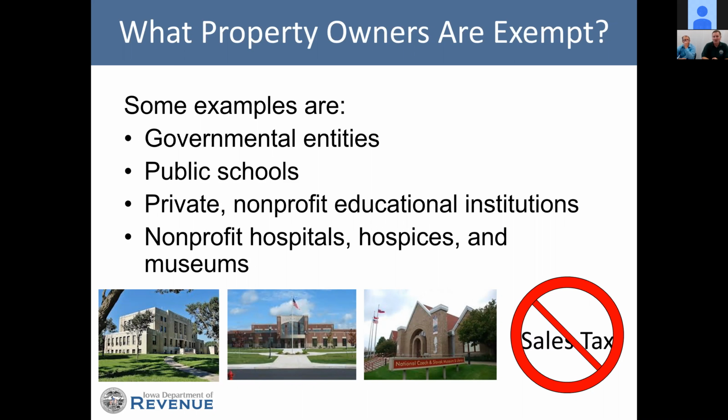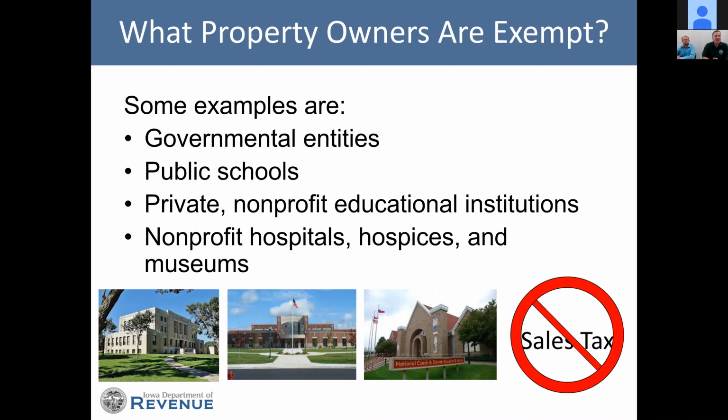Governmental entities are, generally speaking, exempt from tax on their purchases, which would include the purchase of lawn care services. So they would not be taxable. Public schools as well. Your schools are a governmental entity. They're not going to be taxable if you mow the school grounds. That would be an exempt customer as well.